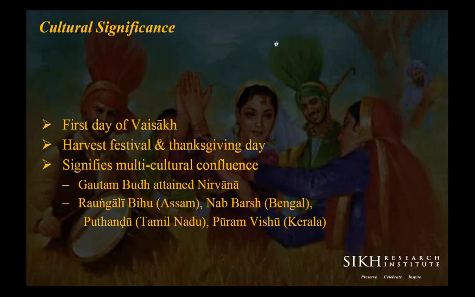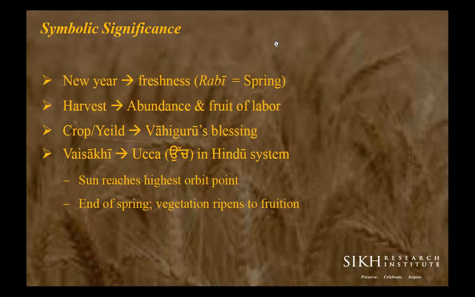So when it comes to the symbolic significance of Vaisakhi, it's also a new year in some sense for different regions. In the Islamic tradition, there is a word, Rabi, which means spring. It's a Rabi crop, or a spring crop, and it's an Arabic word.